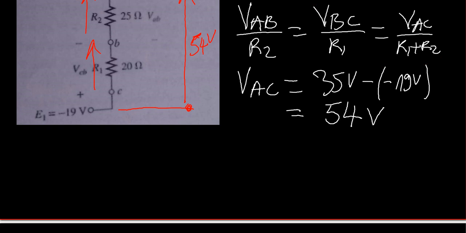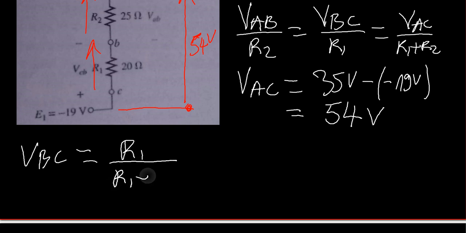From that equation we discover that VBC is equal to, product of extremes equals product of means, R1 over R1 plus R2 multiplied by the supply voltage, which is equal to VAC, the voltage that we evaluated before. If this item is also equal to this item, we can still continue like that.